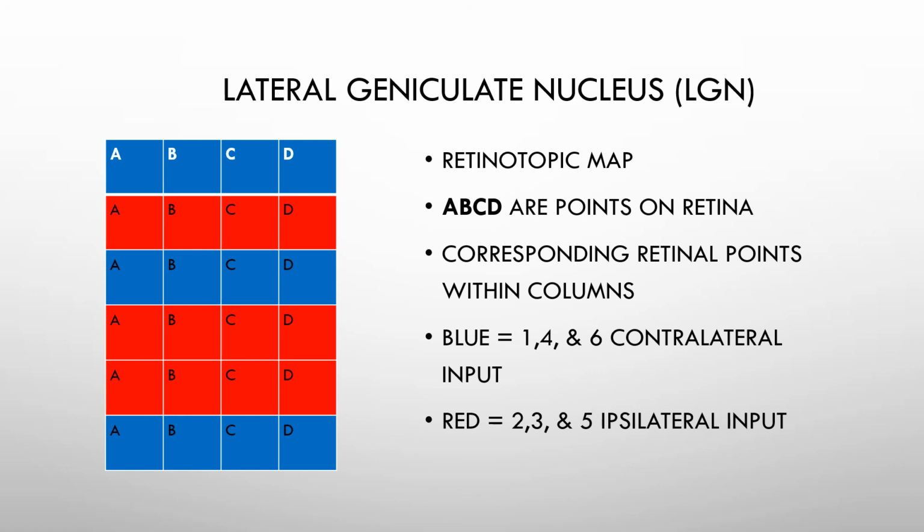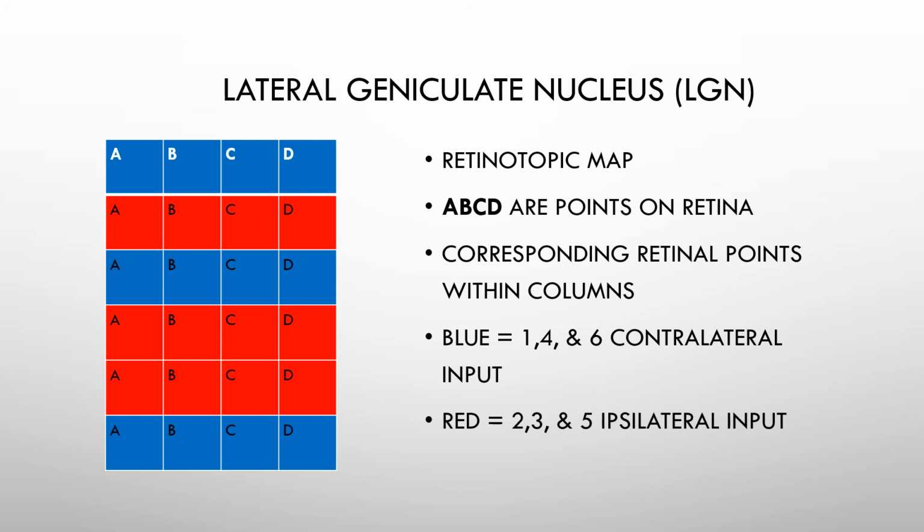in those different layers. Okay, and this is kind of a more simplistic map, and I'm going to show another one in a minute. But as we're looking at those columns that are corresponding to particular retinal points, we can see also that we have the blue and the red. The blue, so the rows of 1, 4, and 6, as we kind of shuffle this information in together, that is the contralateral input, so the input from the contralateral eye.